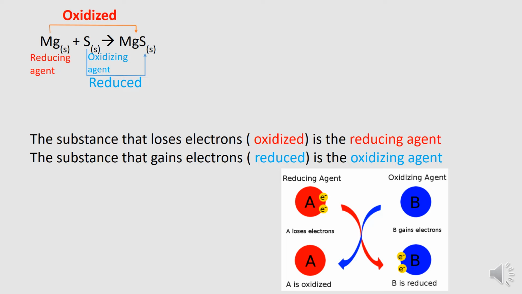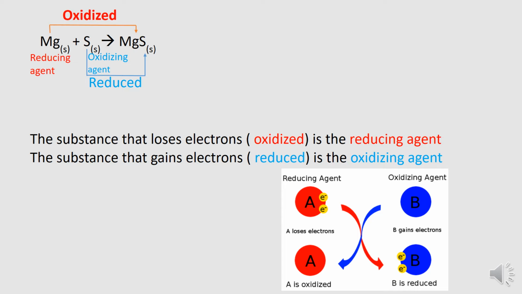We name this magnesium the reducing agent. Why do we name it reducing agent? The meaning of agent is helper. So the magnesium here helps sulfur to be reduced. That's why, because it helps sulfur to be reduced, it is called reducing agent.